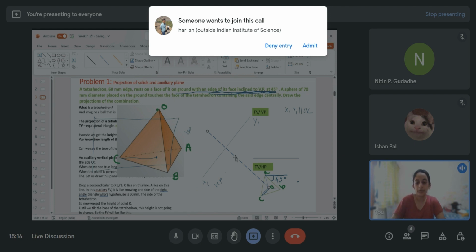Similarly, I can drop a perpendicular from the point C, and also I can draw a perpendicular from this A, and it will also coincide with that line.